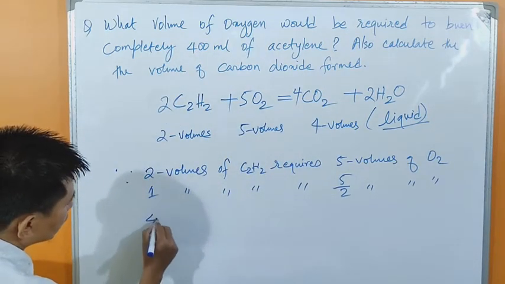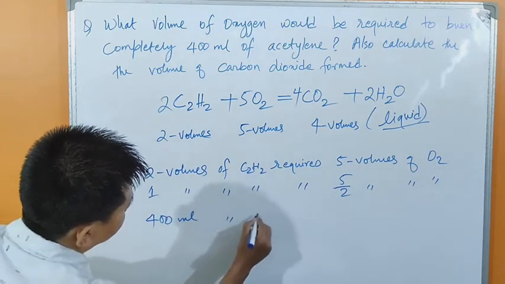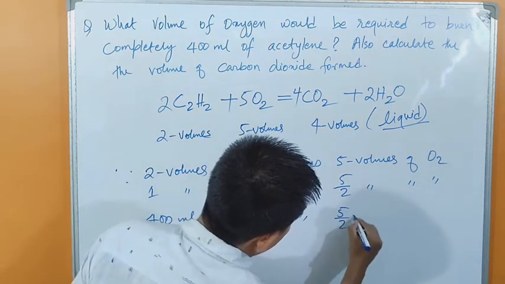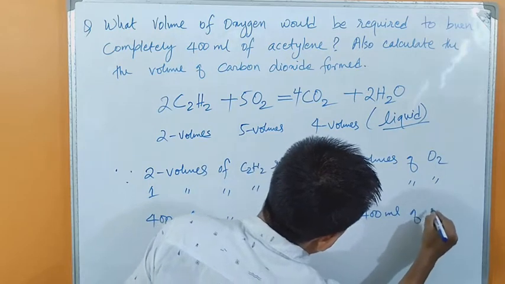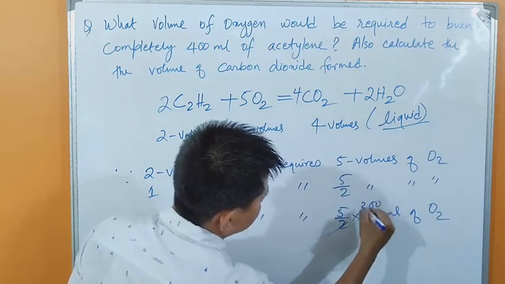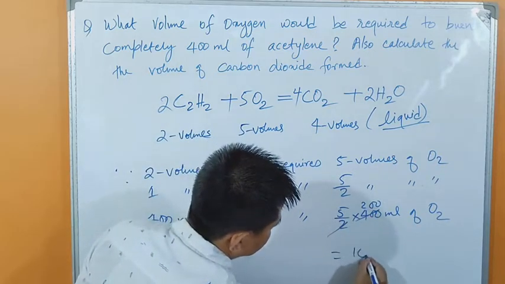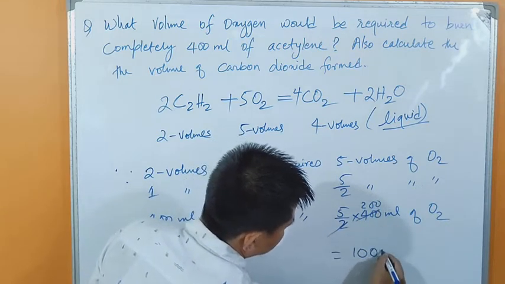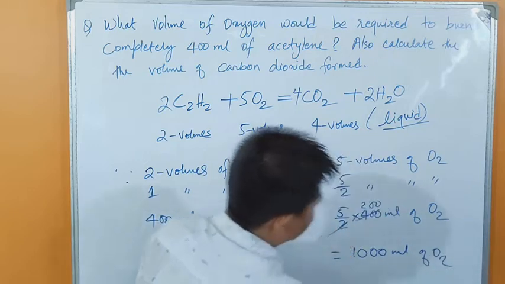So 400 ml of acetylene requires 5 upon 2 into 400 ml of O2. 2 1 is 2, 2 2 is 4, 2 0 is 0. So 5 2 is 10, 5 2 is 10 and 2 zeros: 1000 ml of O2.